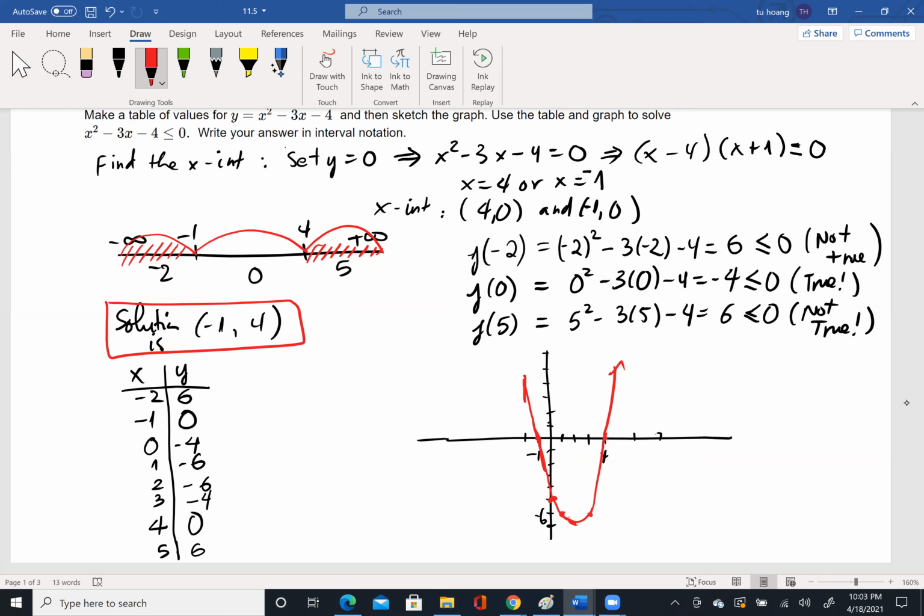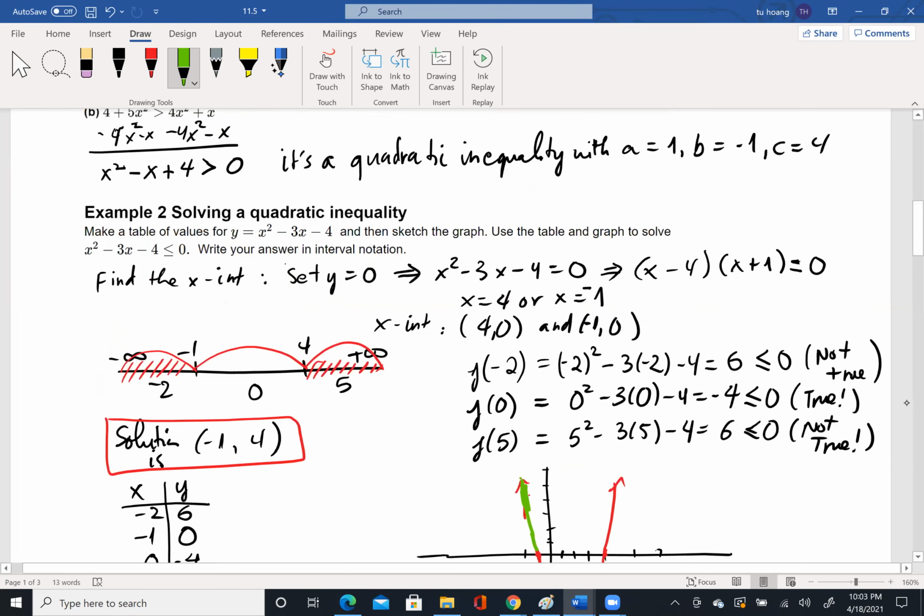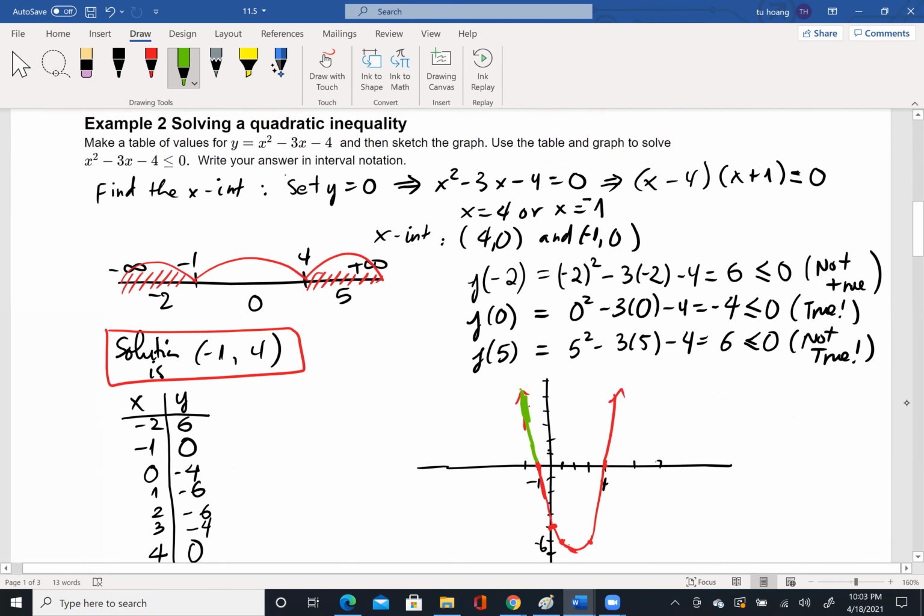Okay, so there is what we are looking for, and the one that we want to find the solution for is less than or equal to 0, right? Less than or equal to 0.